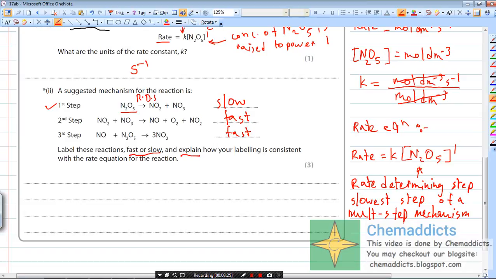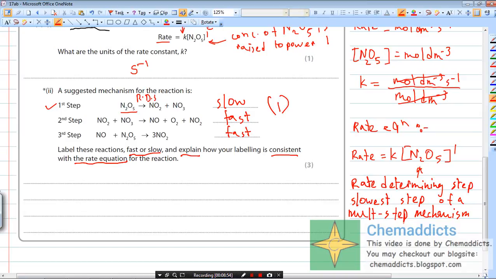They want us to explain how the labeling is consistent with the rate equation. So why have we labeled it this way? Here we have already achieved 1 mark. Yahoo! Still 2 marks to go to achieve 3 marks.